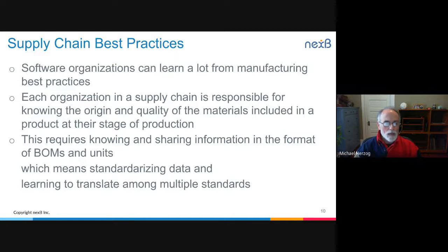So a big picture item for talking about software supply chain is learning about what manufacturing organizations have done for a very long time. Essentially it boils down to this: an organization or company in the supply chain is responsible for knowing the origin and quality of materials in their product at their stage of production and sharing that information with anyone who's downstream.